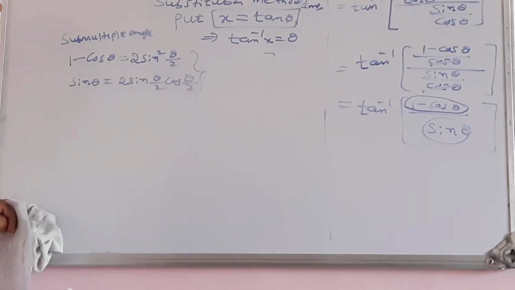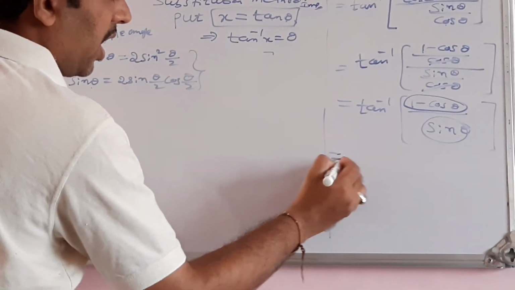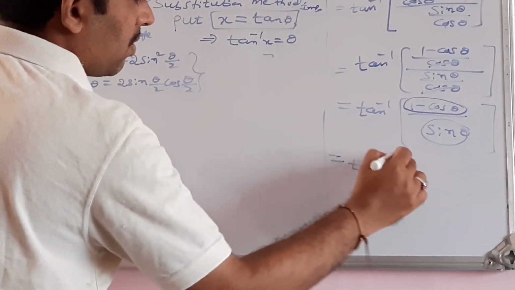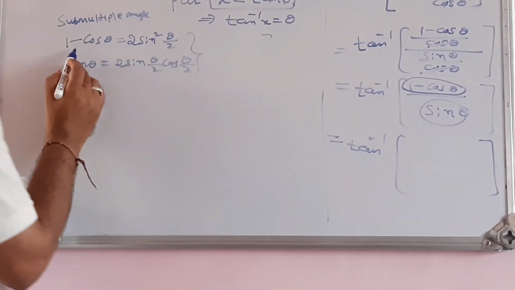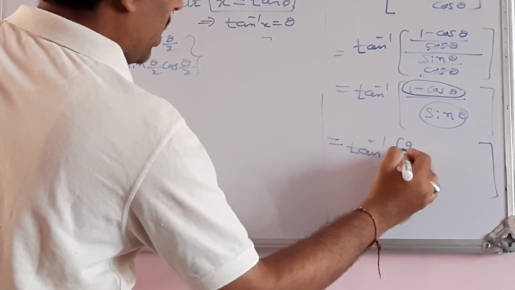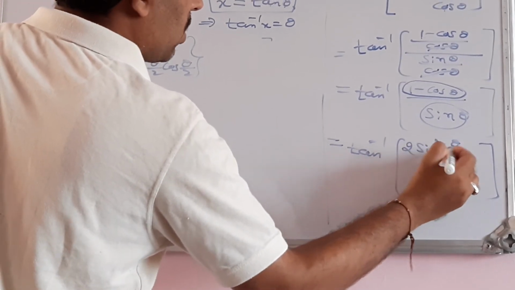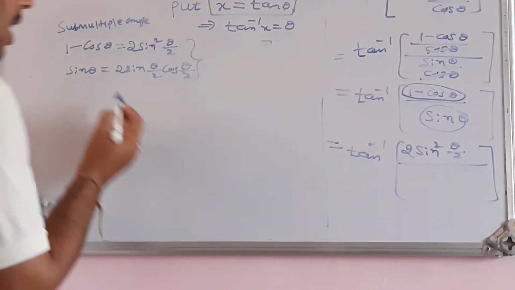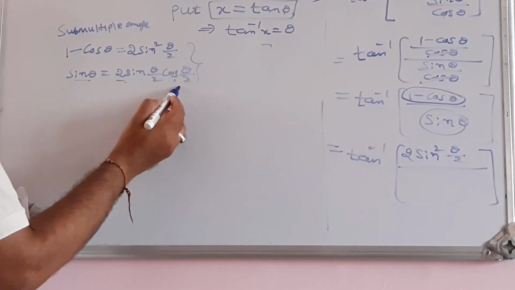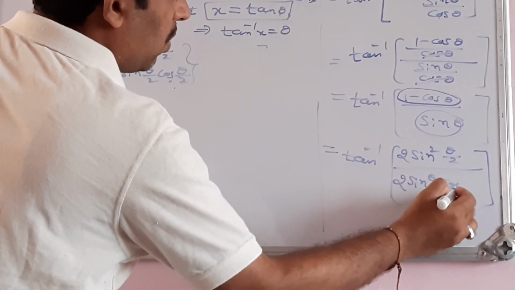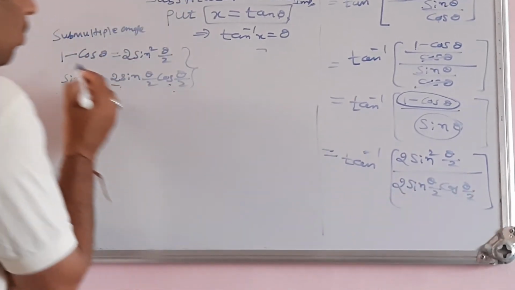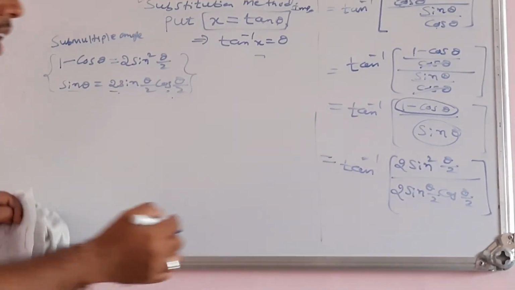I am going to substitute these two results here: tan inverse of 2 sin square theta by 2 whole divided by 2 sin theta by 2 into cos theta by 2. We have to note down these results, otherwise we will not get the result.